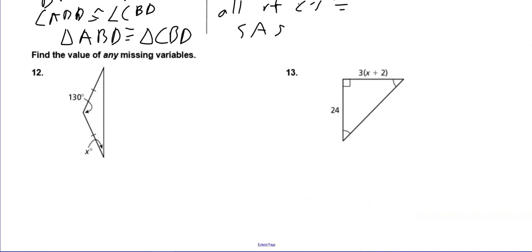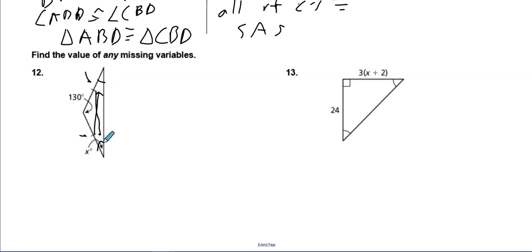All right, find any of the missing variables. If you notice, we have these markings here that the line segments are the same. That means in an isosceles triangle, these angles are the same. Right?